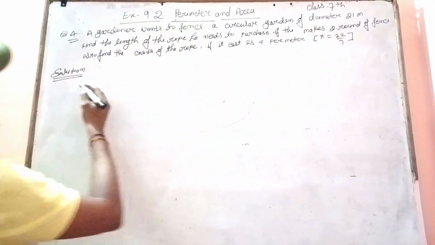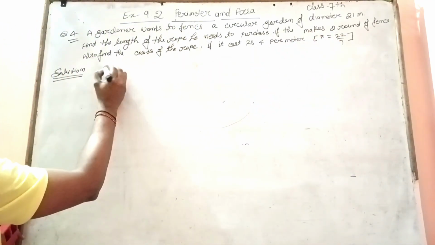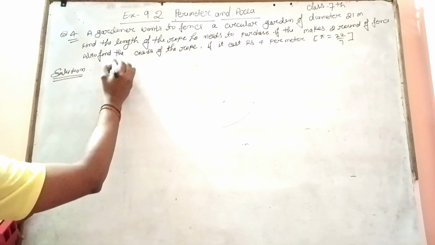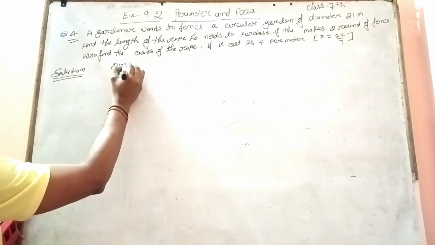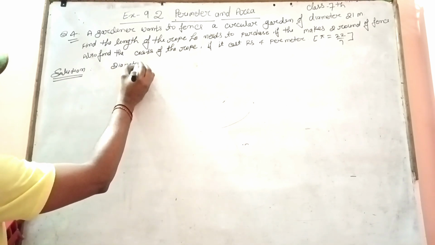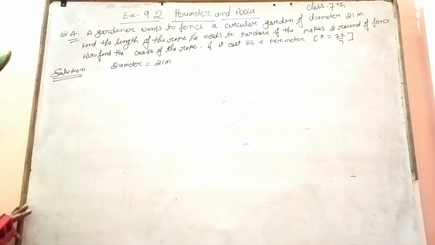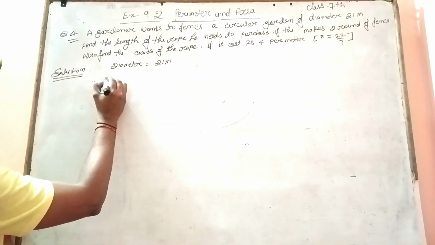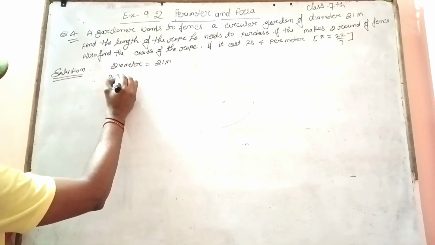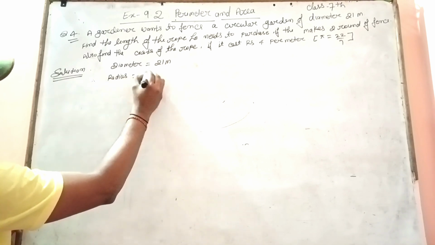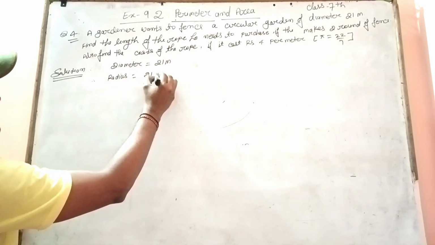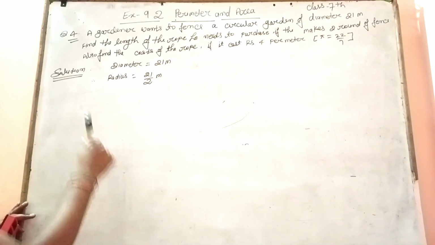Diameter is 21 meter. Circular garden diameter is equal to 21 meter. Therefore radius is equal to 21 by 2 meter.